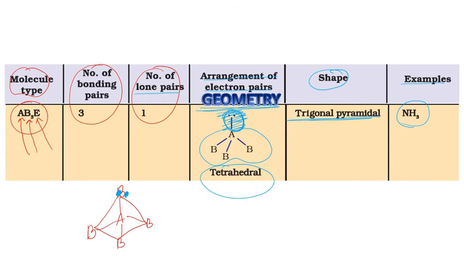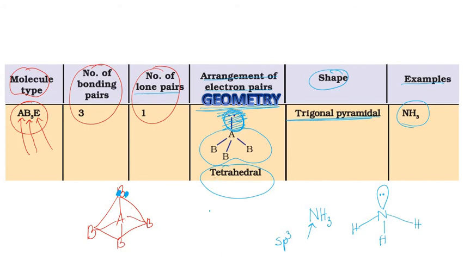We already know ammonia; we have learned the hybridization of ammonia, where the nitrogen atom is sp3 hybridized, and if you see the orbital diagram, we are having one lone pair in one of the sp3 hybridized orbitals, and the remaining are involved in bonding with the hydrogen atoms, right?